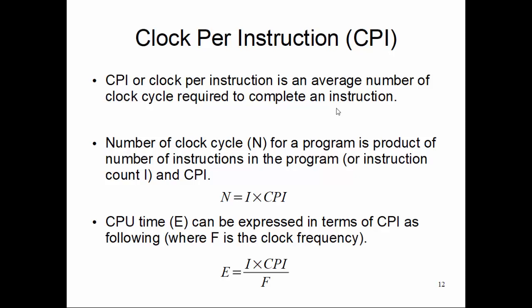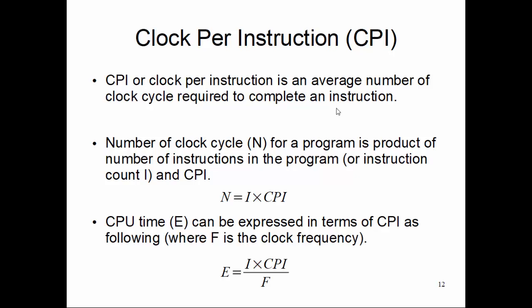So for the Da Vinci system we are building in project 2 and project 3, our CPI is constant and the same for all instructions, and CPI is 5. One instruction needs 5 clock cycles to complete. This is a very uniform system, and we can determine from the underlying architecture that it has a CPI of 5.